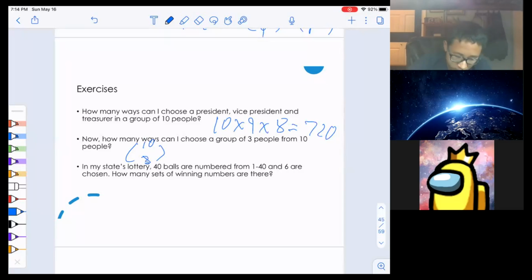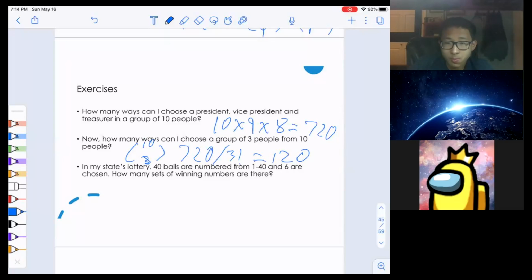We already have the number 720, but now we know that order doesn't matter, so we have to divide by the number of ways we can order the 3 people. So we do 720 divided by 3 factorial, and what we get is 120. So the second problem is 120.